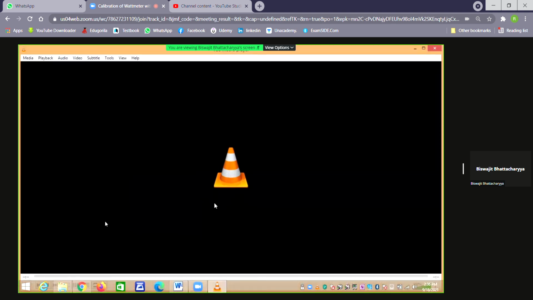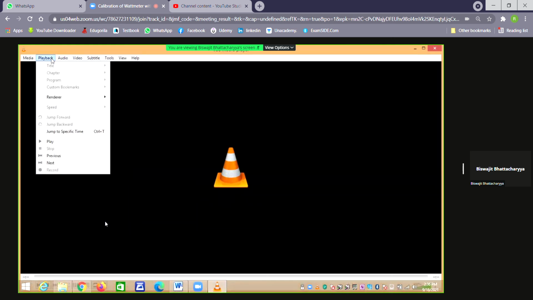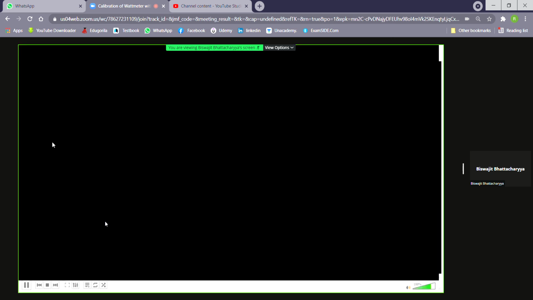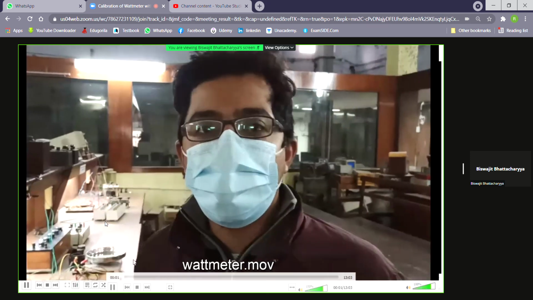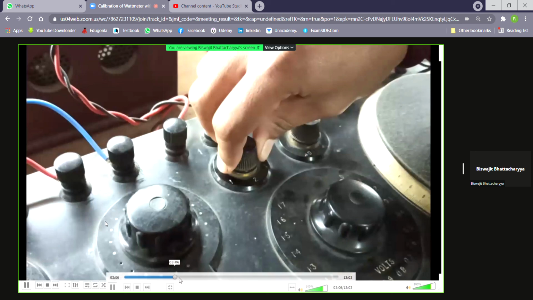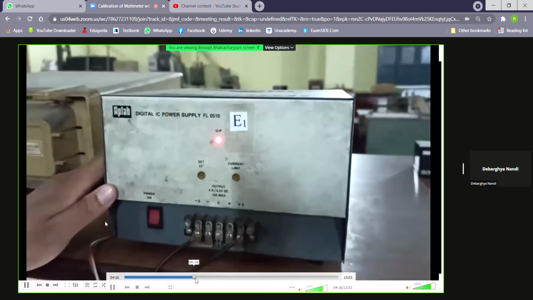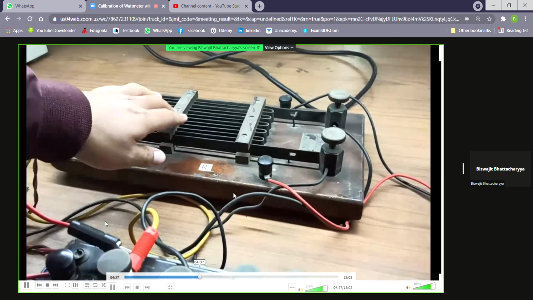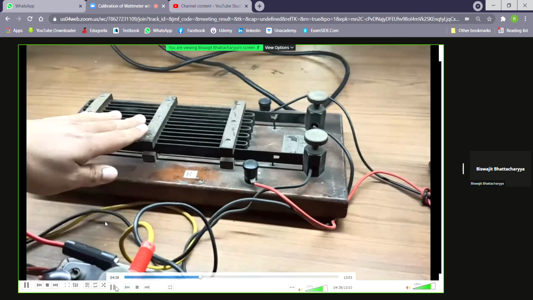Now, if you see this, what will we get? Just 1 minute. These are the display switch. That R1 will be this one, the terminal resistance, which is 0.1 ohm.